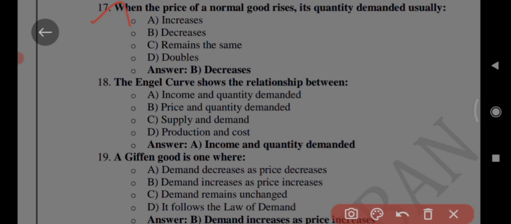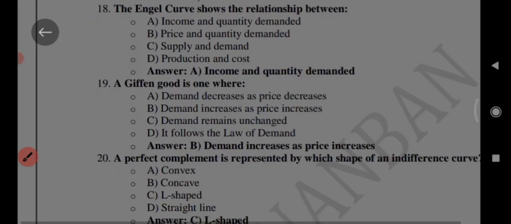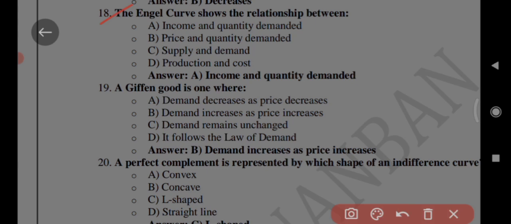When the price of a normal good rises, its quantity demanded usually option B, decreases. The Engel curve shows the relationship between option A, income and quantity demanded.